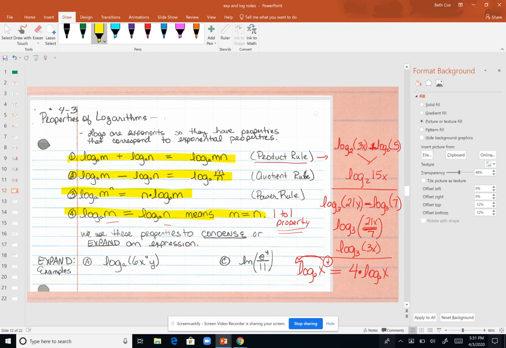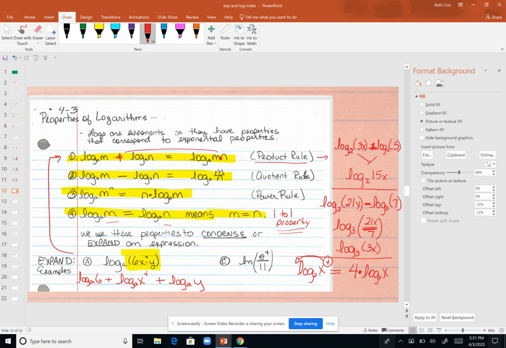If you notice in this expression here that I have a times and another times, and up here in rule 1 I have a times, so I can take a times and rewrite it as a plus. So that's what I'm going to do. So this I'm going to rewrite as log base A of 6 plus log base A of x to the 4th plus log base A of 1.